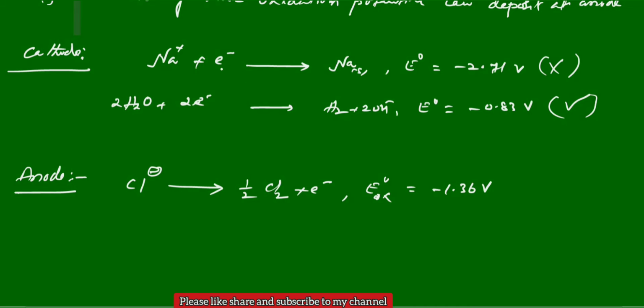Similarly, OH minus, the negative ion, the hydroxide anion, can move towards anode and liberate oxygen gas. Here OH minus will come from water. So water can undergo oxidation at anode and liberate oxygen gas, where the oxidation potential of water is minus 1.23 volts.